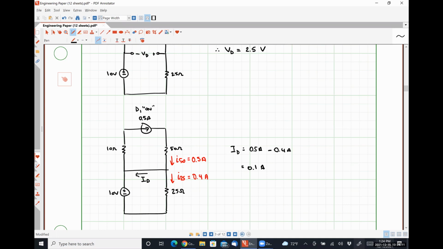Now it is obviously a binary decision, meaning that as soon as we found out that it wasn't off, it had to be on. But if we had made this as an initial guess, this would let us know that we chose correctly. How does this work as an analysis tool? Well, this is saying that our diode current is 100 milliamps, and our Shockley method told us that it was somewhere in the ballpark of, I think, 84 milliamps.